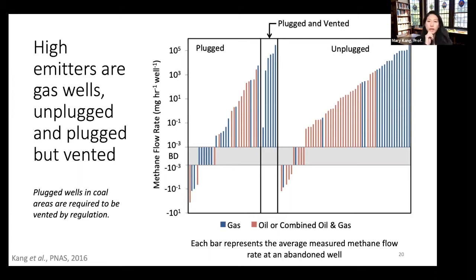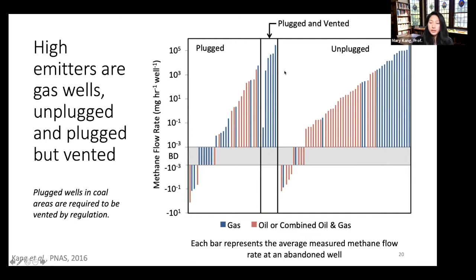What this shows, we're not showing any controls here. These are just wells. You have the positive values of methane flow rate, so emissions to the atmosphere, negative values are sinks of methane from the atmosphere. BD stands for below detection. Again, orders of magnitude variation.